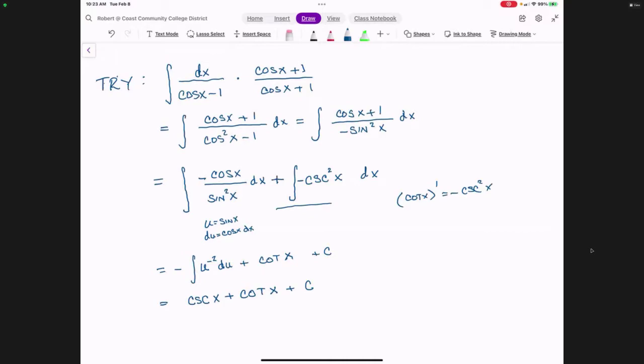Now, this isn't the most current solution manual, so the same problem might not be in there. Matter of fact, pretty sure it's not going to be in this book. But bear with me for a second.